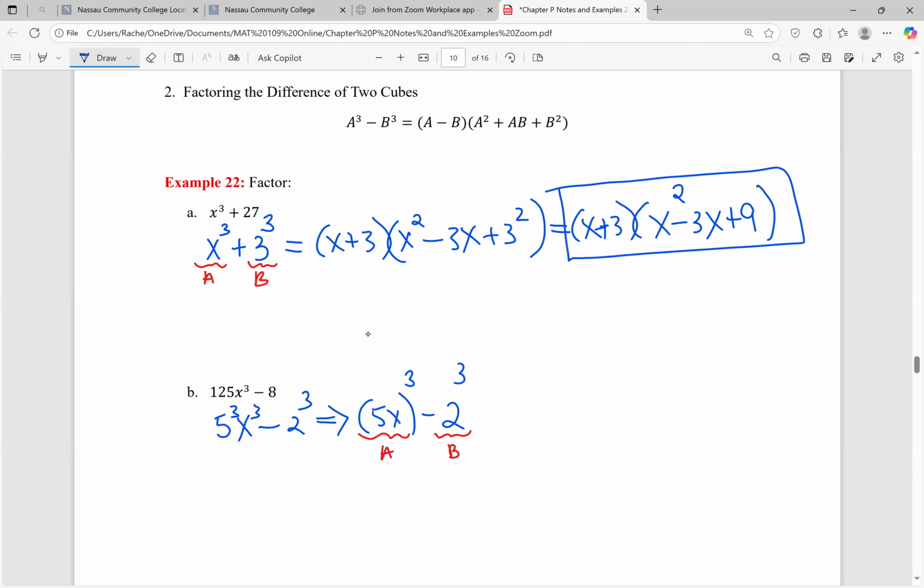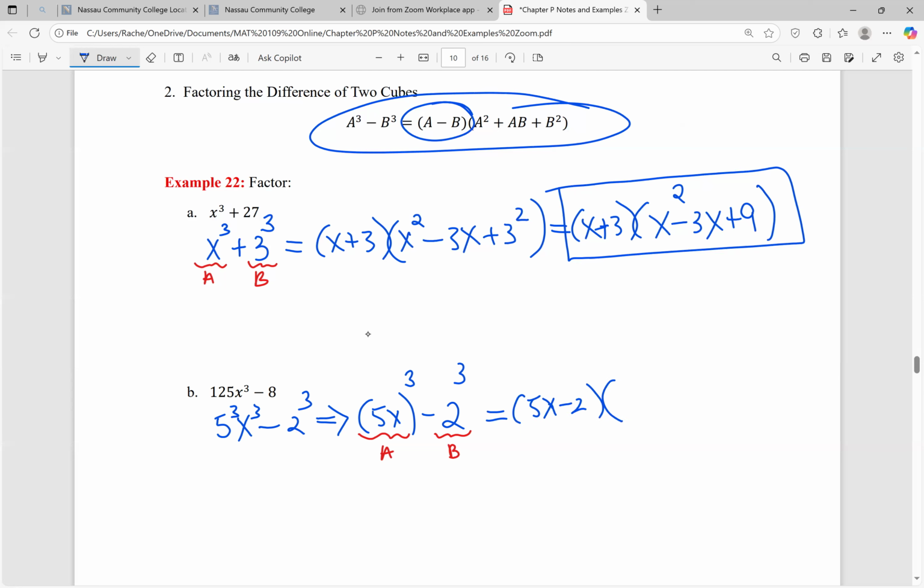And we could plug into the factoring form for difference of 2 cubes. So this is going to be equal to a minus b. So I'm going to take 5x minus 2.